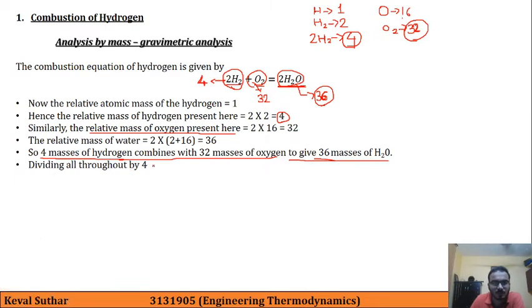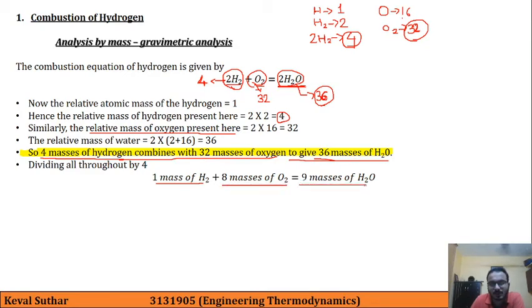So now here we will divide all throughout by 4. So you need to focus on this statement: we will divide all numeric terms by 4. So first it will be 1 mass of hydrogen, then we have 8 masses of oxygen to give 9 masses of H2O.